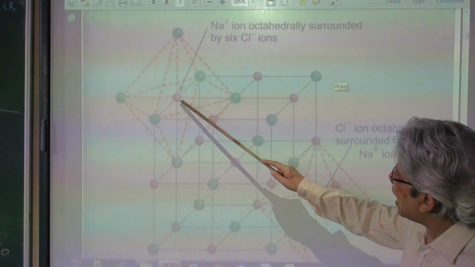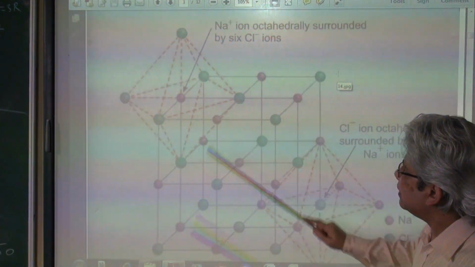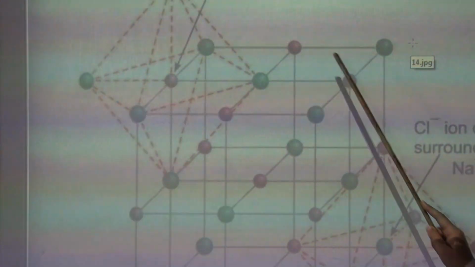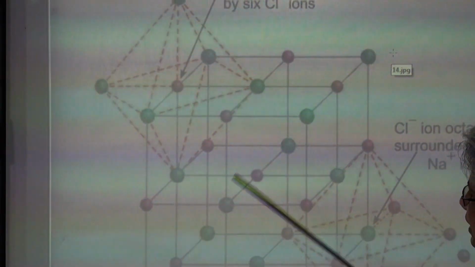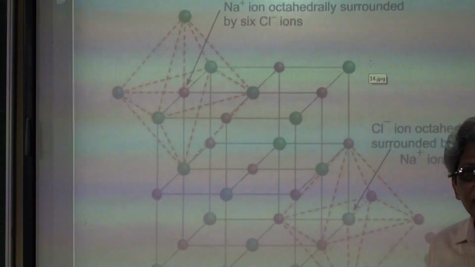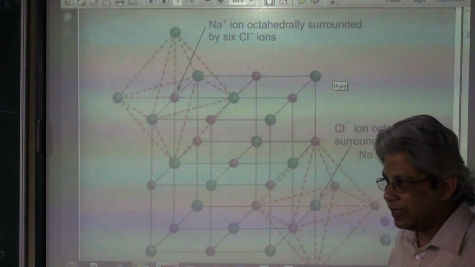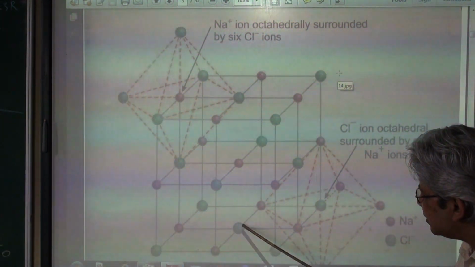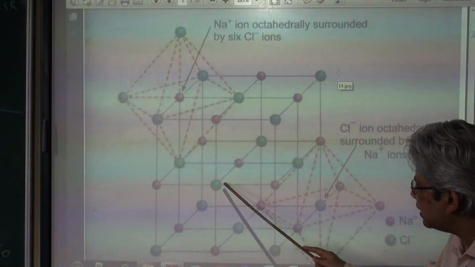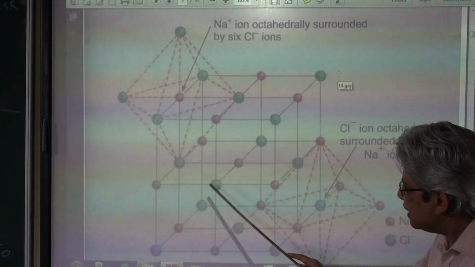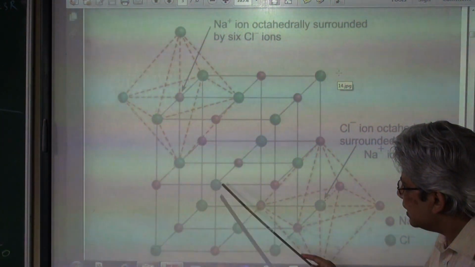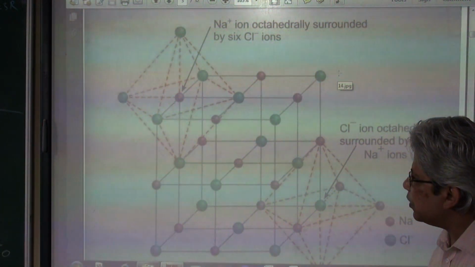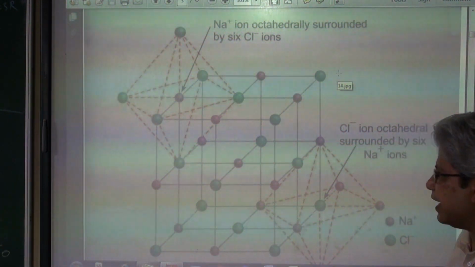And the other positions are taken. Here you can see the edge and body center taken by the sodium ions. If you look at the smallest cube, you can see the alternate corners are occupied by the sodium and chloride ions.